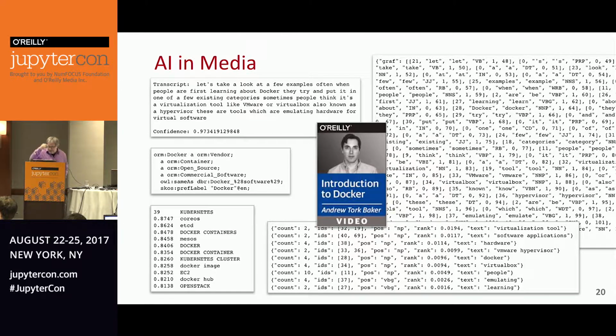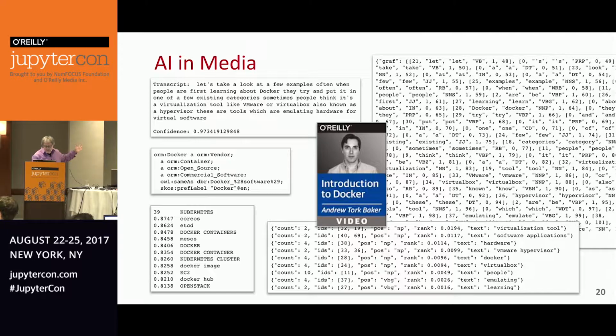You can see Andrew Baker was giving some setup for Docker, and he was contrasting it with earlier technologies like VMware. So section 1 of his video was about the previous kinds of virtualization strategies. And you can see what pops out is virtualization tool, VMware hypervisor, VirtualBox, the things that came before Docker. Then over on the left-hand side, there's some tie-in to part of our ontology.